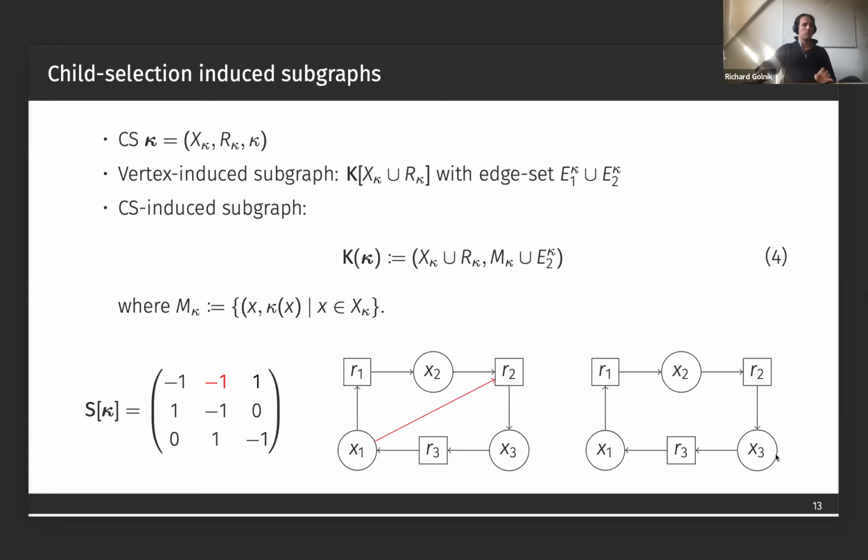And we may also observe at this point that each of the species vertices has out degree 1, and each of the reaction vertices has in degree 1, which is basically just what we wanted to have, and what is induced by just looking at the child selection induced reactant to reaction edges.